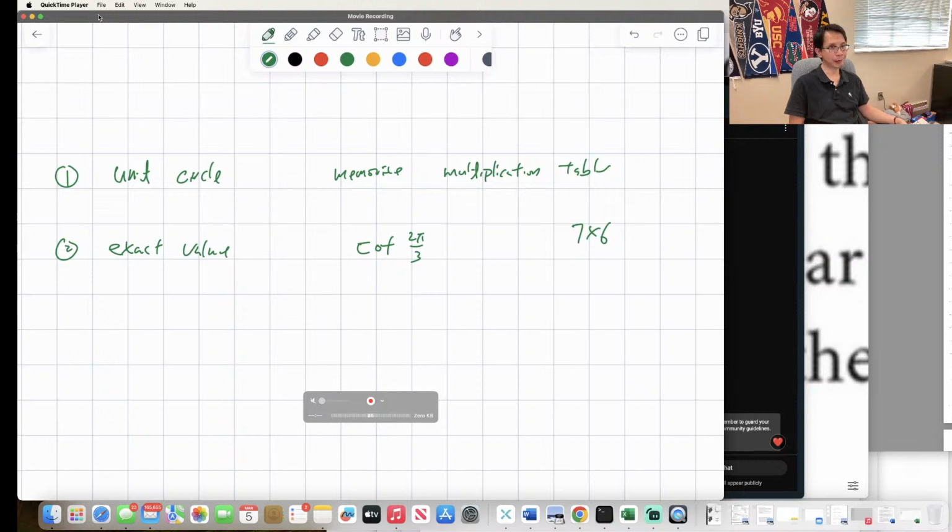Square root 3? Nope. Huh? Robert, what'd you get?